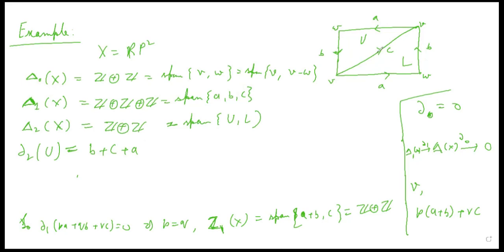So depending on what orientation we choose, these things may differ, right? So what orientation we choose for this one, what orientation we choose for this one. So I have chosen here this orientation, the VW, and here I will choose this orientation, so VWB, right?